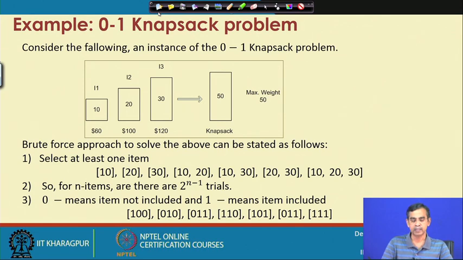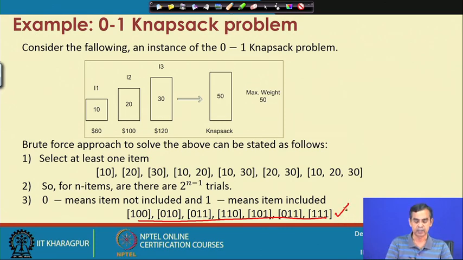Now, for example, in this case the number of items is 3, so the chromosome length is 3, and the different chromosomes possible in this context are shown here. As n is 3, the number of different chromosomes is 2 to the power n, all possible permutations.